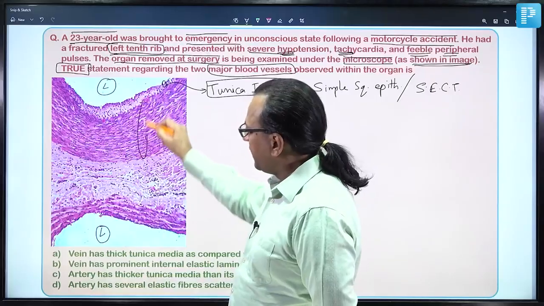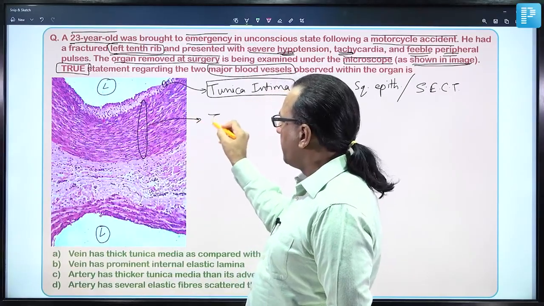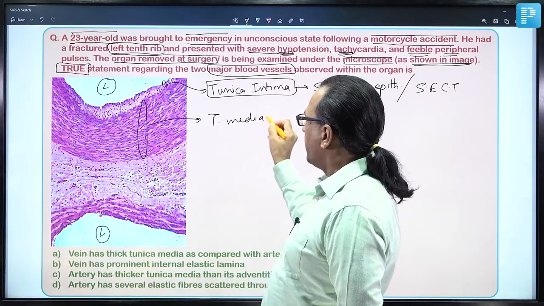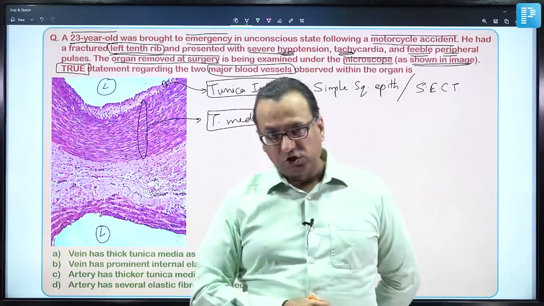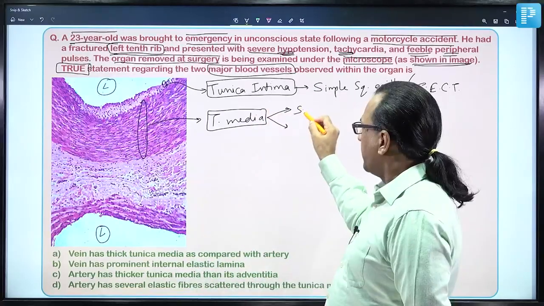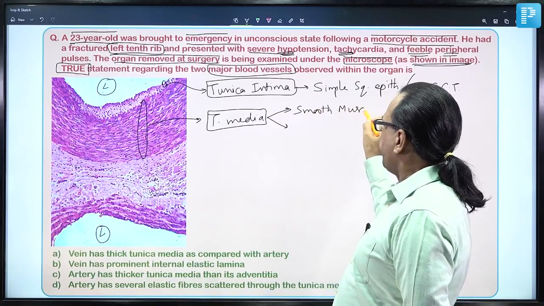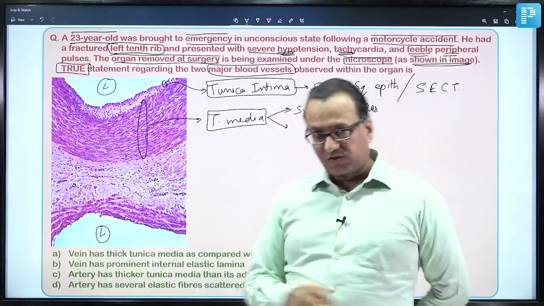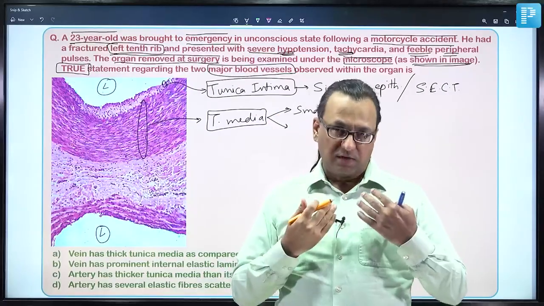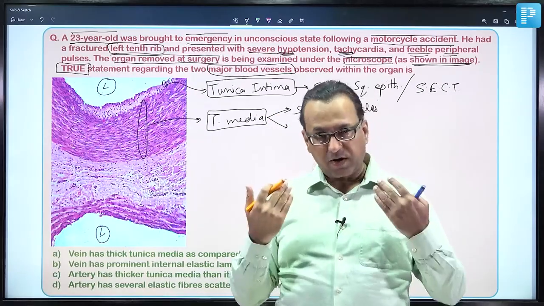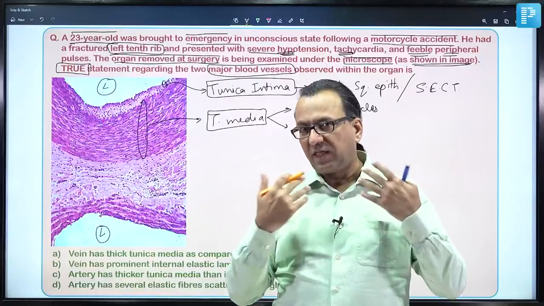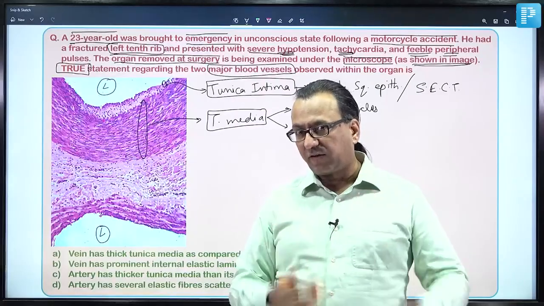Now, next will be tunica media. As you can see, this big region is the tunica media, and tunica media, mostly it is seen smooth muscles found here, but then it depends if it is an elastic artery, which are near to the heart, like pulmonary trunk or the aorta, then they can have more of elastic fibers.